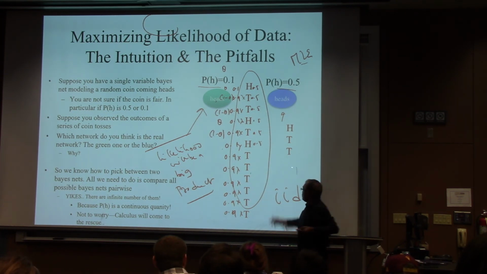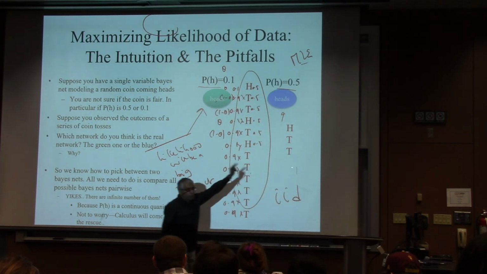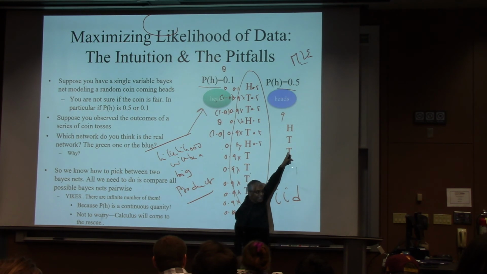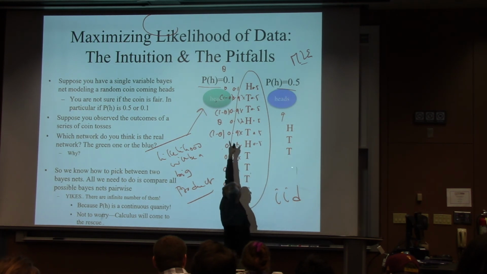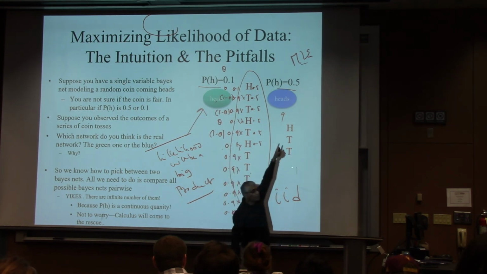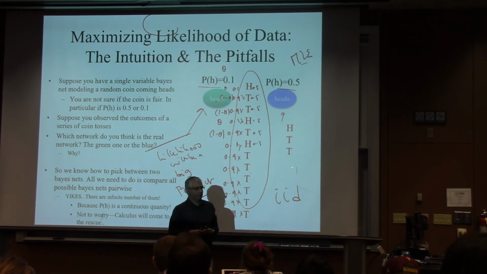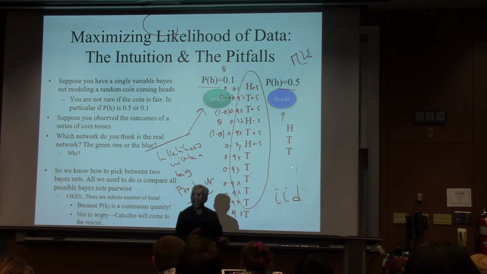Now, in this case, you want to say that even though this guy's data likelihood is higher given that hypothesis than this hypothesis, you don't want to believe that that is the MAP point. Why?